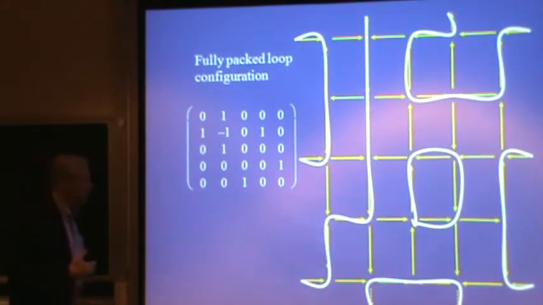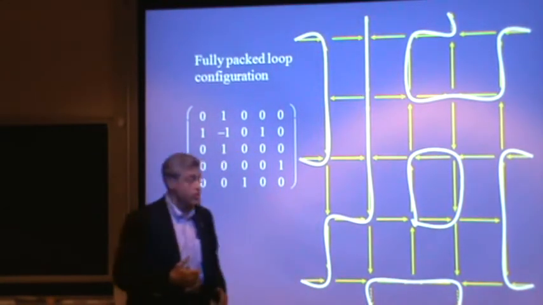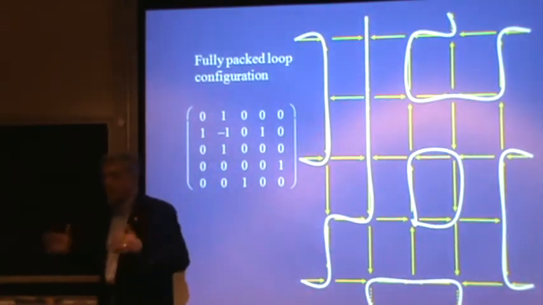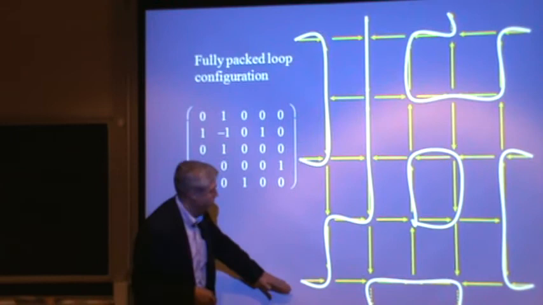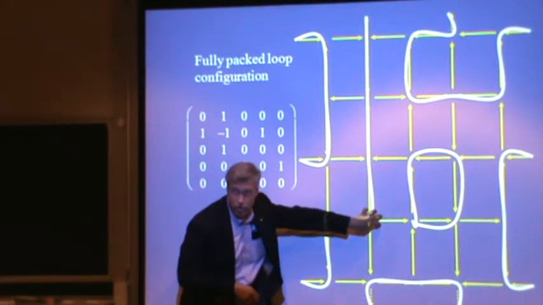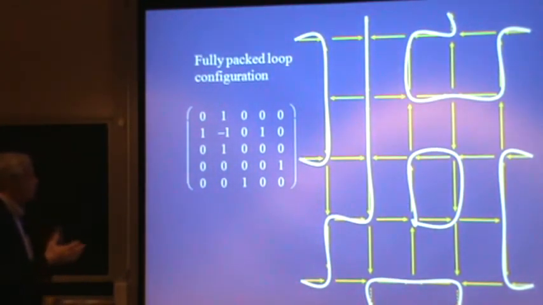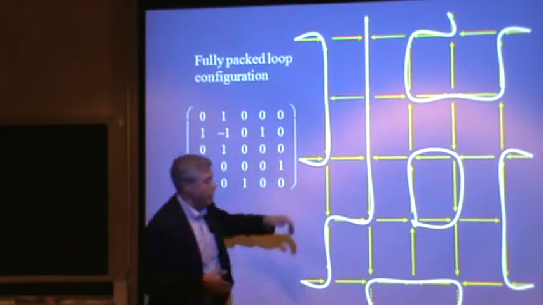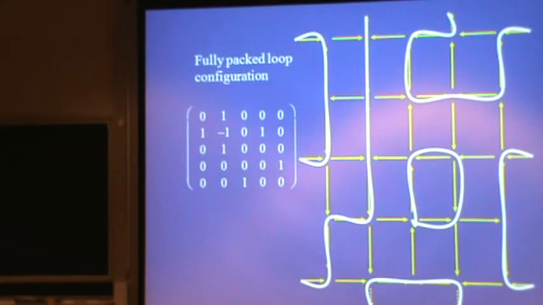And if you've decided in advance which are the in vertices and which are the out vertices, if you know what the paths are, then that determines which are in and which are out arrows at each vertex, so that uniquely determines the alternating sign matrix. So there's a simple one-to-one correspondence between alternating sign matrices and fully packed loop configurations.